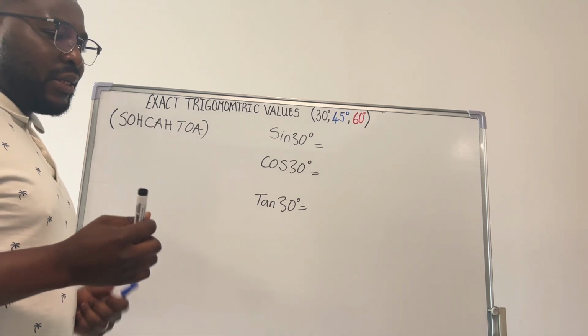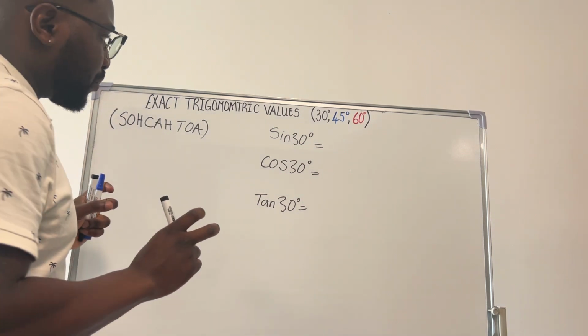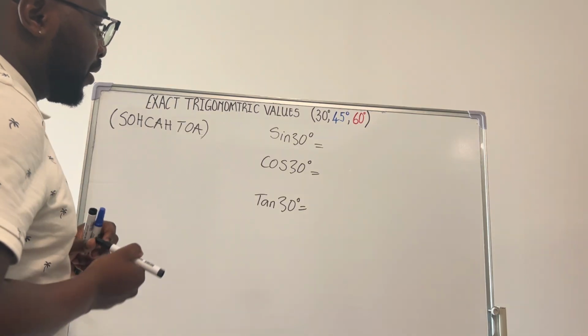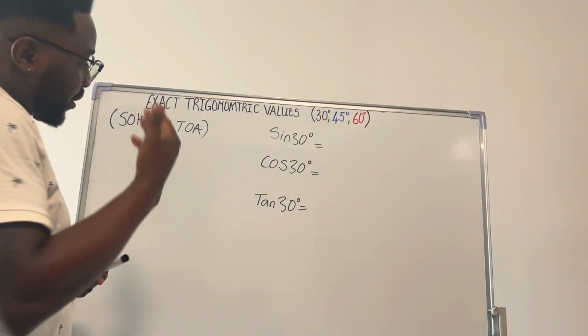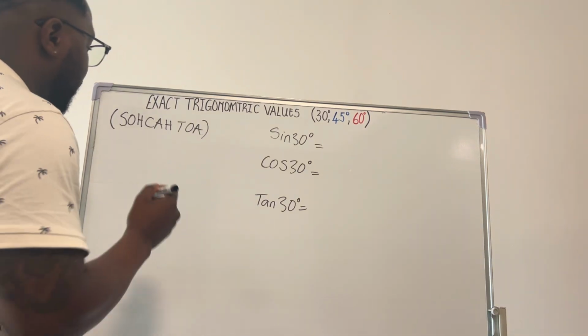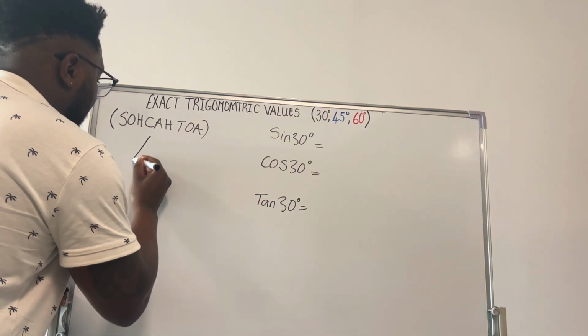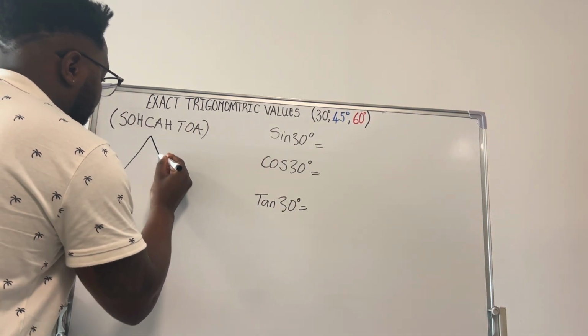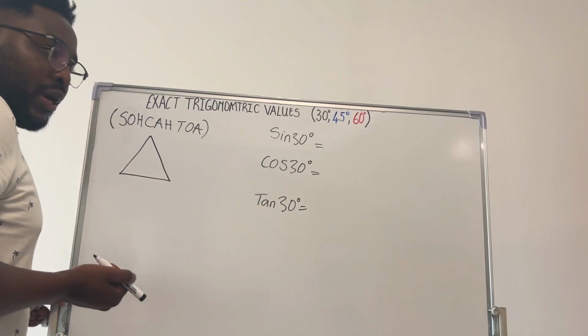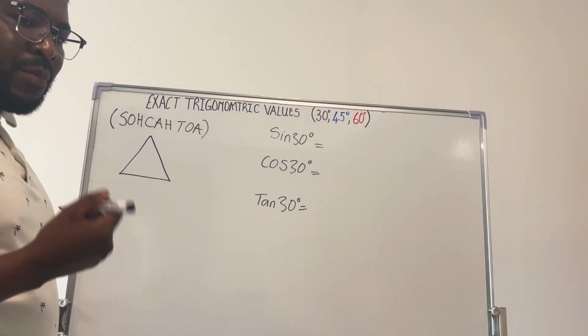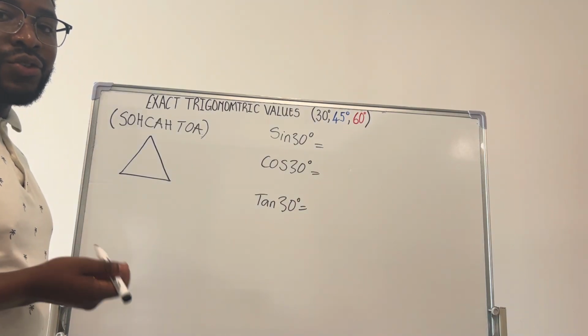Now, let's start this segment by looking at an equilateral triangle. Yes, so let us draw an equilateral triangle over here. Okay, now what are some of the properties of an equilateral triangle?